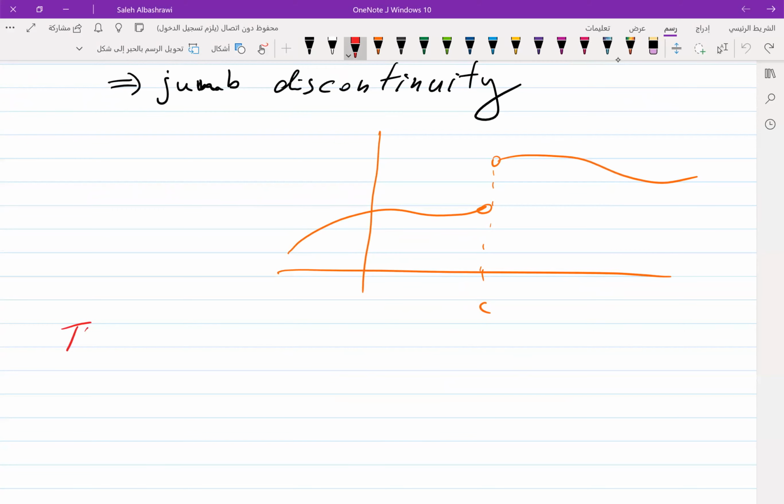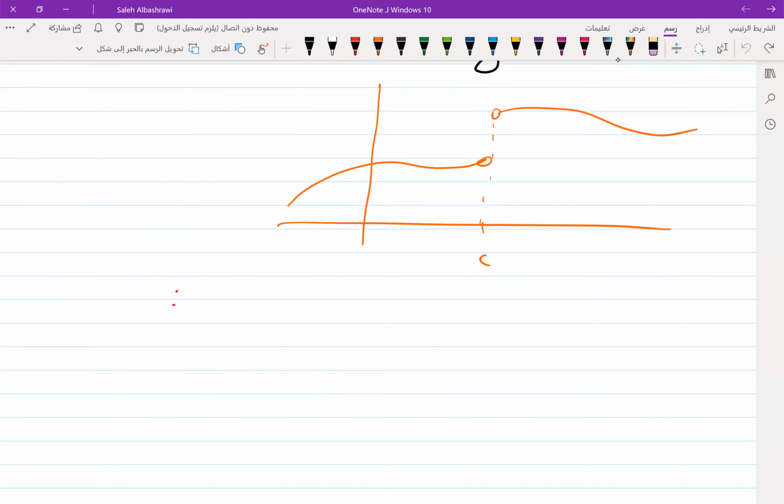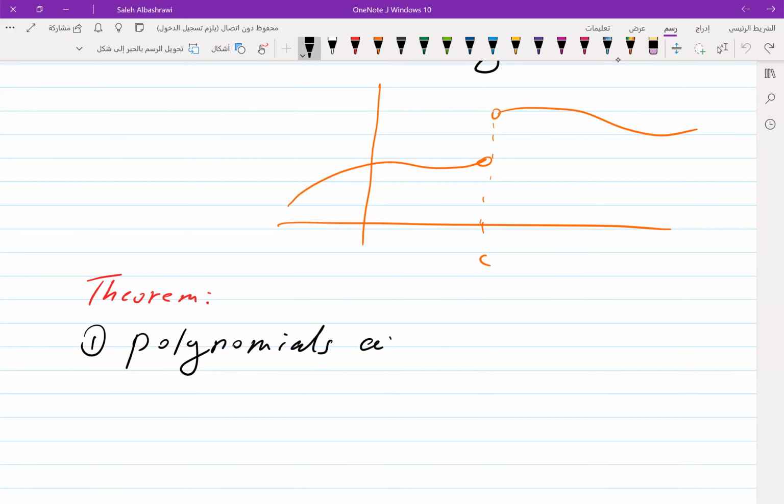Theorem. Number one, the polynomials are continuous everywhere.